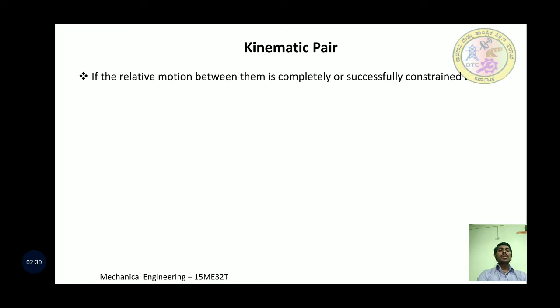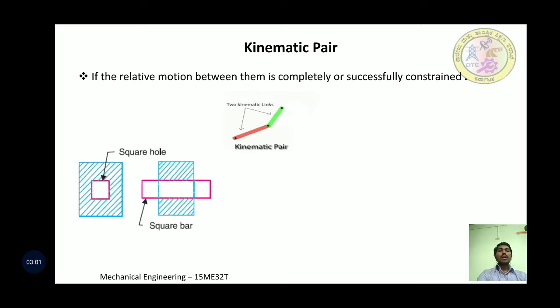The piston and cylinder of a steam engine form a kinematic pair since they are in contact and the piston moves relative to the cylinder. The diagram shows the relative motion between the two links is completely or successfully constrained. So that's why it's called a kinematic pair.